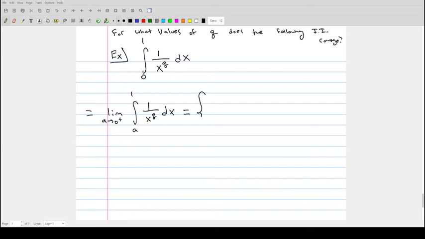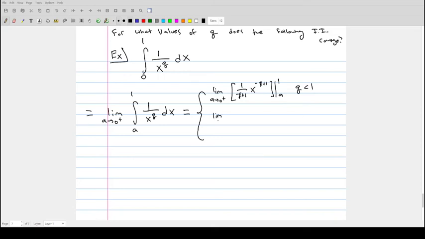And this is going to have different values for the different values of q. So the limit as a goes to 0 from the positive side of the antiderivative of this function is going to be 1 over negative q plus 1 times x to the negative q plus 1, from 1 to a, if q is less than 1.